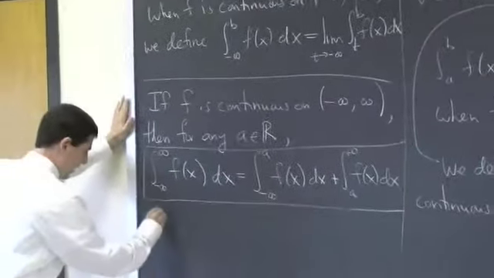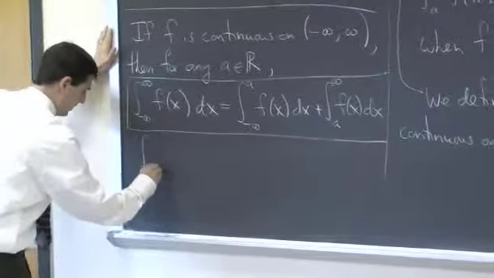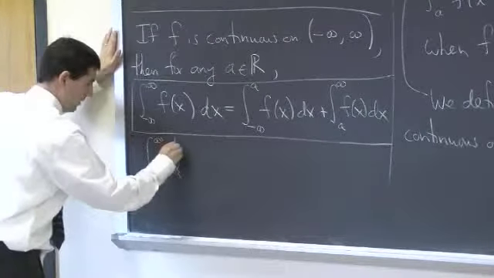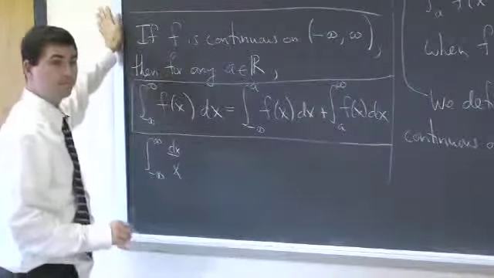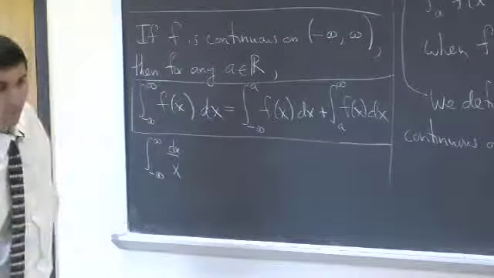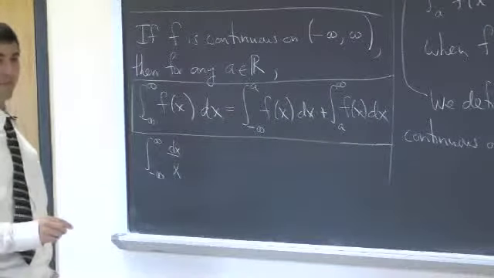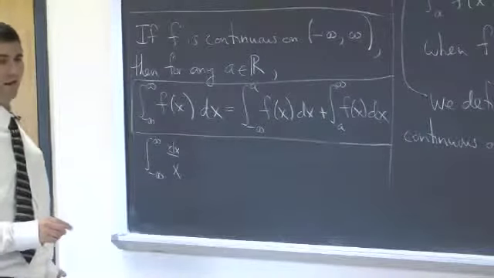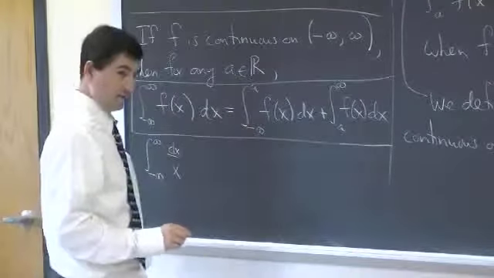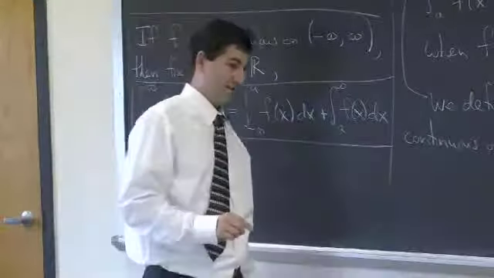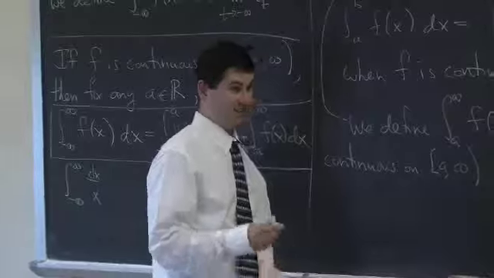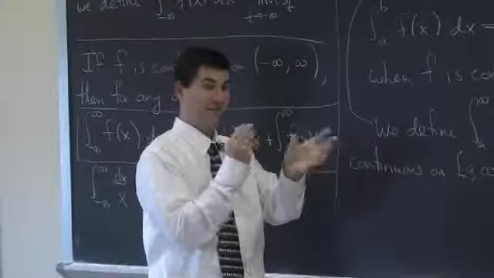Now here's the really nasty thing. What if I do the integral from minus infinity to infinity of 1 over x? Yeah, Dina? If it was an even function, and one of them was defined, then the other one has to be defined, because it has to be exactly the same area under it.